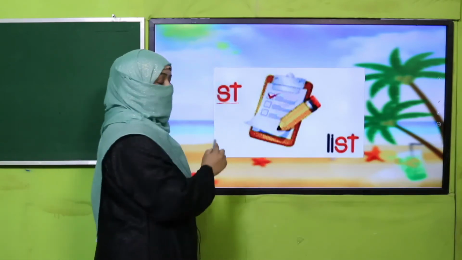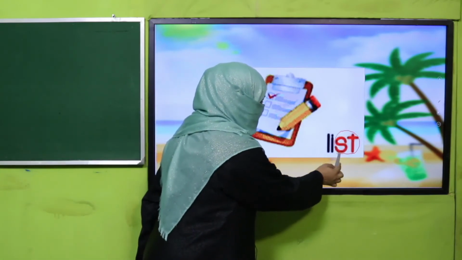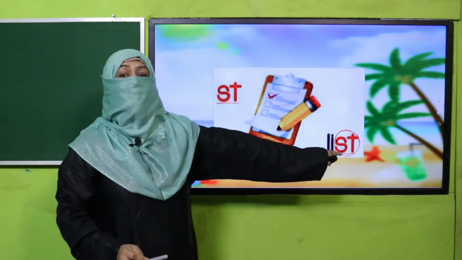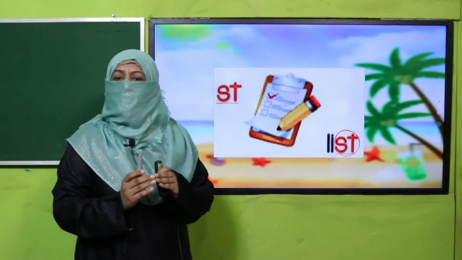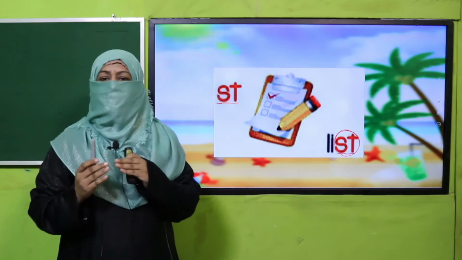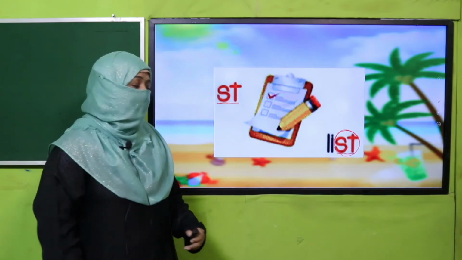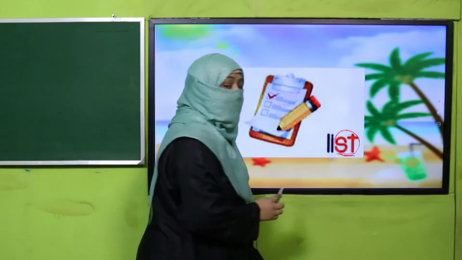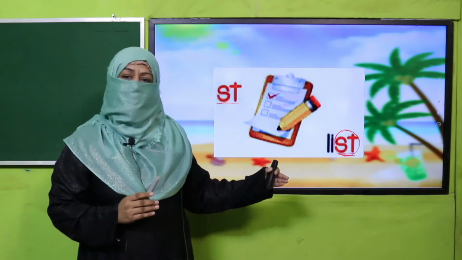S and T, both are consonants, and in this word, this consonant cluster is coming at the final position because this is the end of the word. So if it is at the starting of the word, this is called a consonant cluster at initial position, and if it is at the end of the word, it is called a consonant cluster at final position.